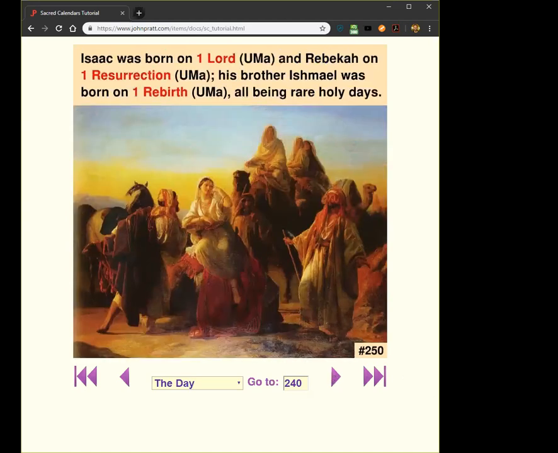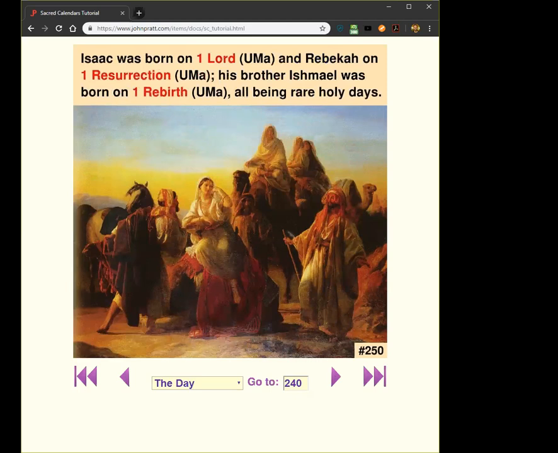Now we're going to look at other things on the Mars calendar to show how it's used. Isaac is born. Now we've already seen Isaac had important days on other calendars, but he's born on one Lord on the uniform Mars. Rebecca, his wife, was on resurrection on uniform Mars.